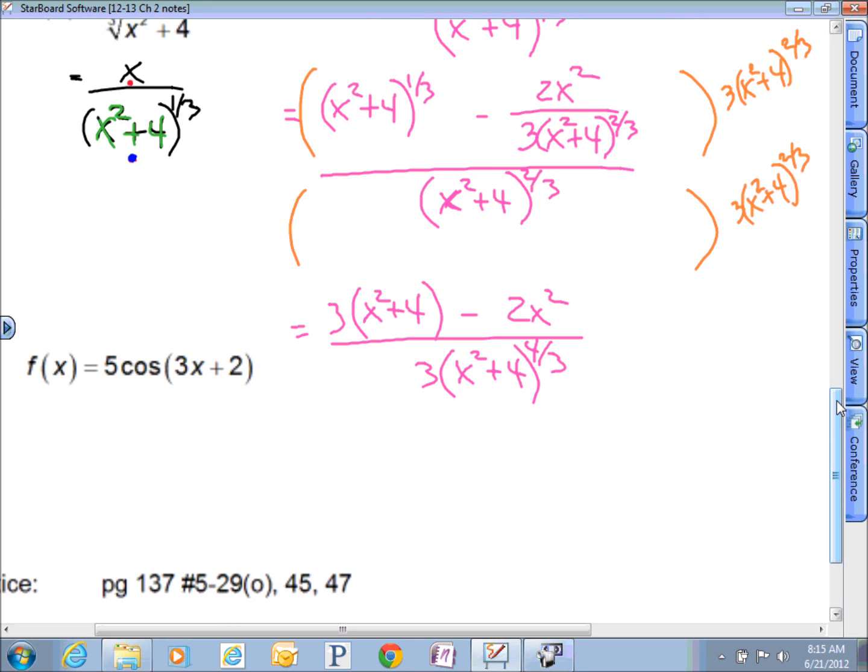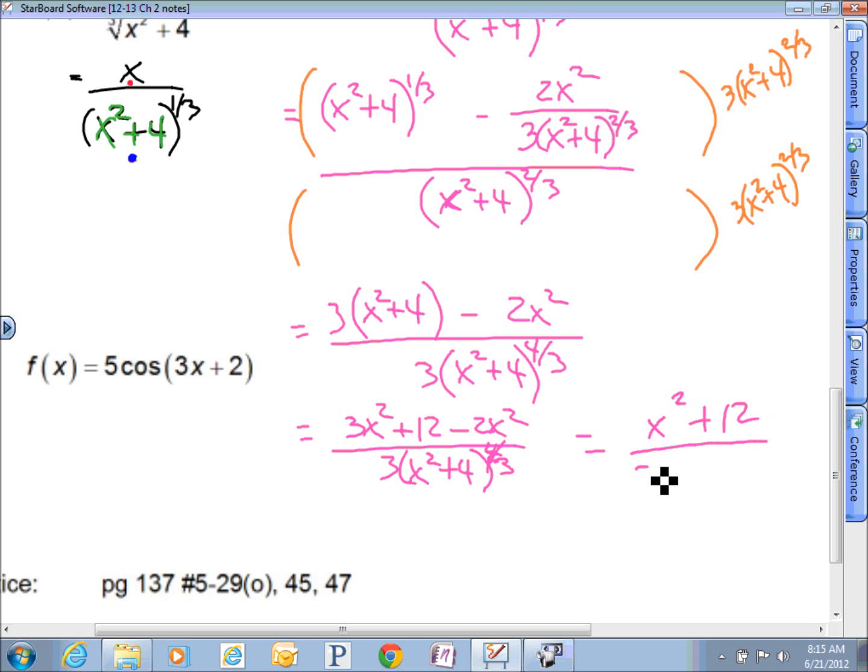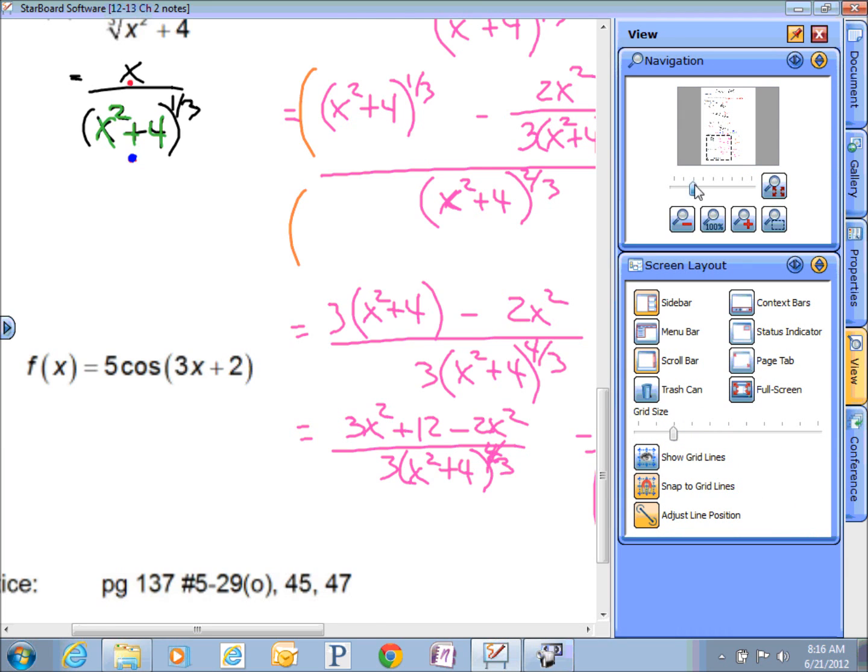So if I clean up the numerator, 3x squared plus 12 minus 2x squared over this denominator. Whoops, not 2/3, 4/3. And if we finish this off, 3x squared minus 2x squared is an x squared plus 12 over a 3 and an x squared plus 4 to the 4/3. Wow, that's rough. That is really rough.